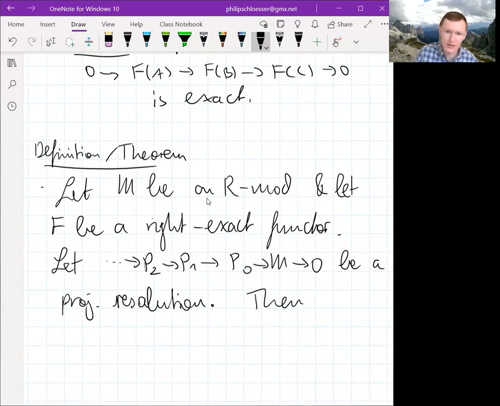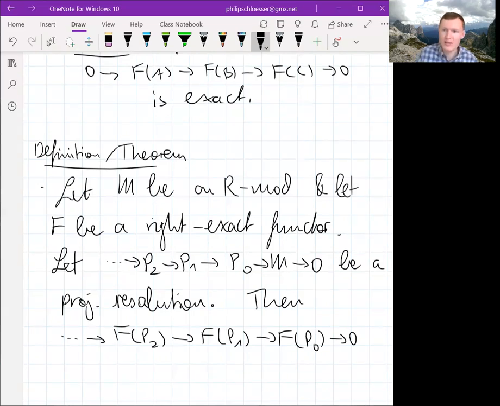Then F(P2) to F(P1) to F(P0), and we can just stop after P0, forget about M essentially, and then just map to 0. This is a chain complex.